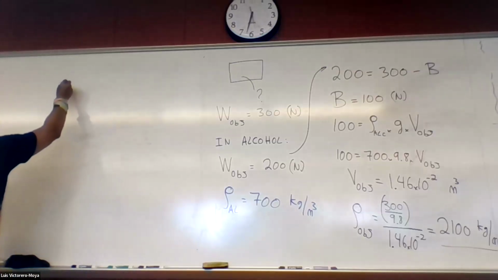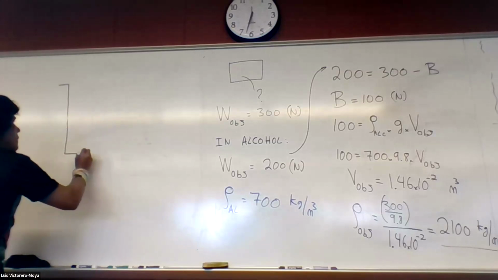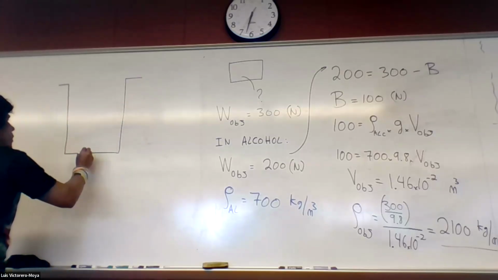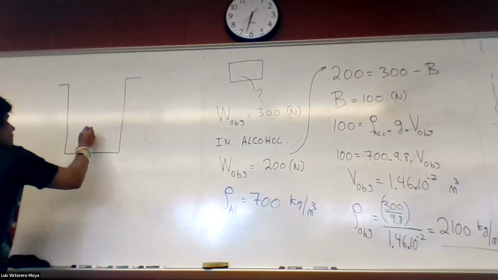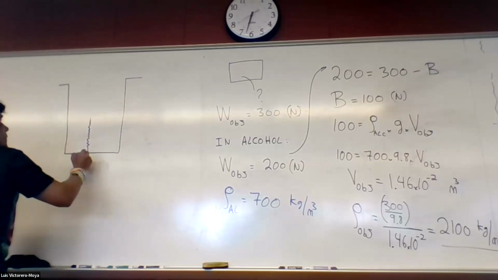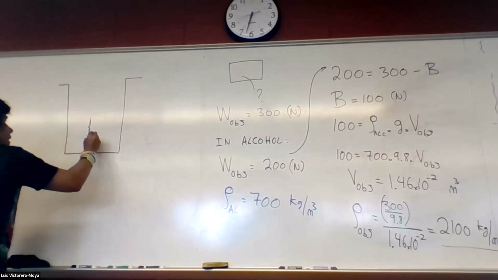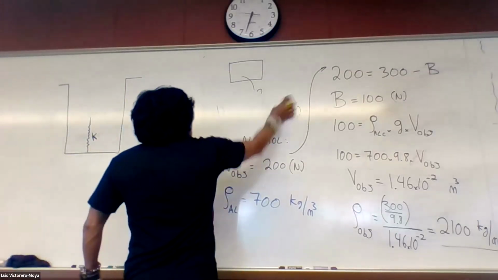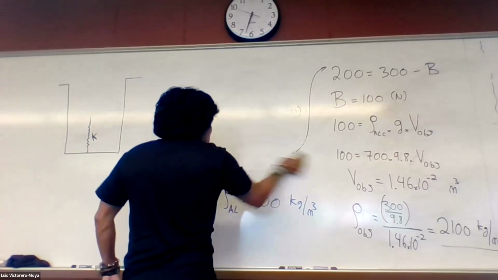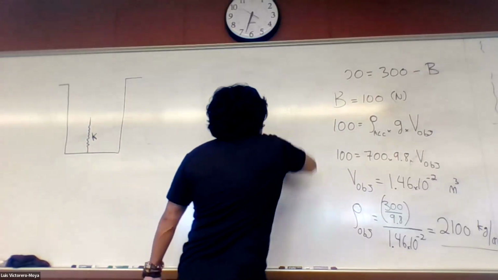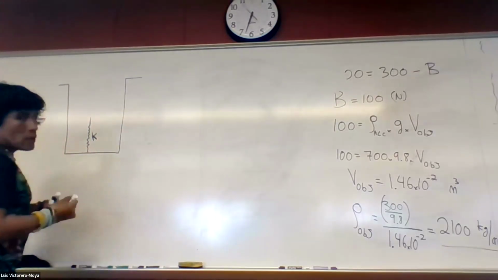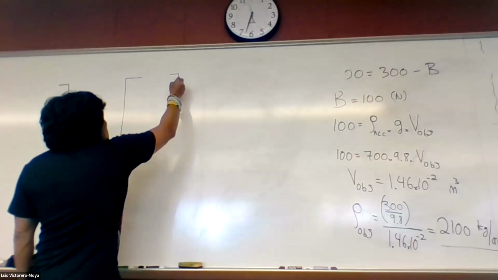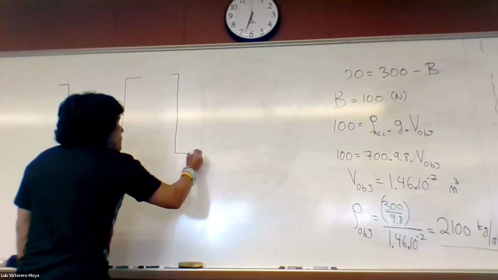You have a container all filled with water, and at the bottom here, there is a spring with some constant K. And then you are given the same container, but then you are going to attach maybe wood.